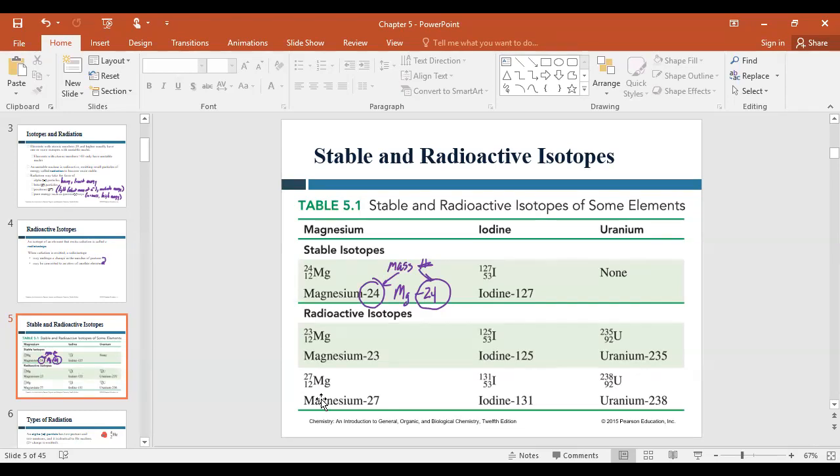If you're not in that belt of stability, you're above it or below it, you'll find radioactivity. And where you are, above it or below it, actually dictates what kind of radioactivity you would see. Certain positions will yield positrons, certain positions will yield beta decays. Basically, alpha particles come about when you've got elements that are bigger than this.